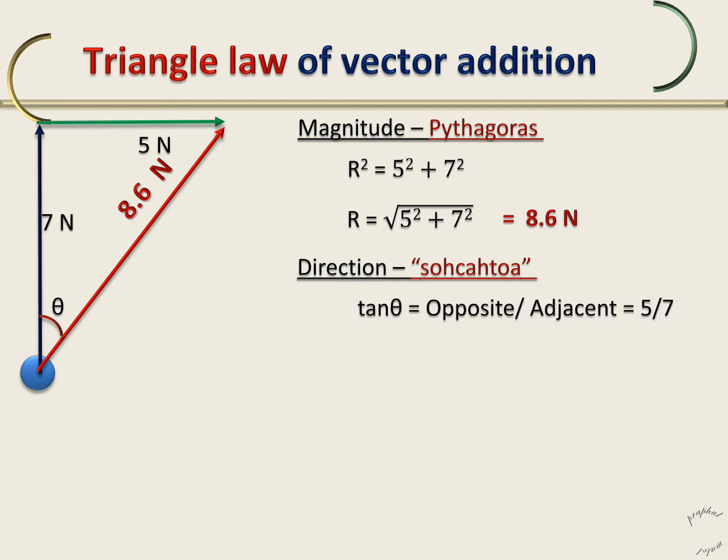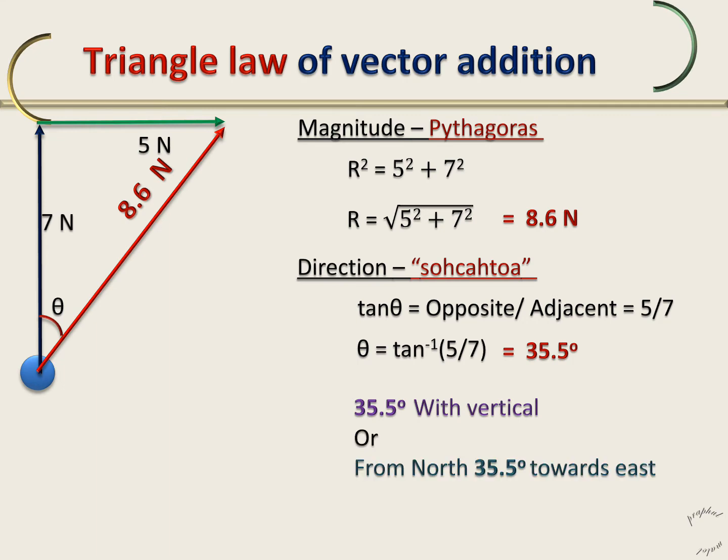So let's see how to find this angle. Same rule, tan theta, but this time 5 Newton is the opposite and 7 is the adjacent. Then I got 35.5 degrees, and this angle is with the vertical. Before we got it with the horizontal, now we get it with the vertical. But it won't make any difference. When you do 90 minus the previous answer, you will get this answer. So this is how you make the vectors continuous, or head to tail, or in order.